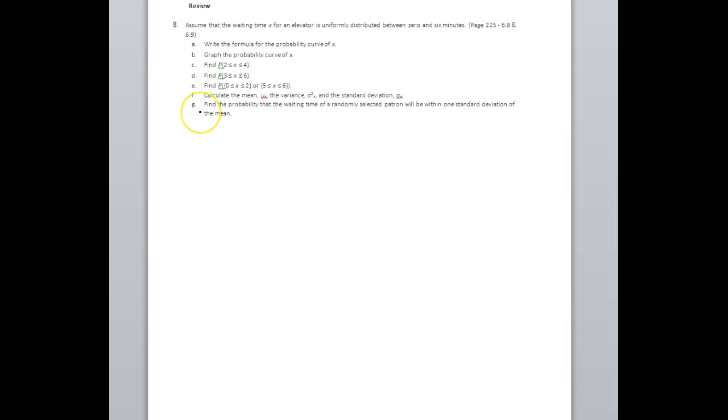For the probability of x, f of x is equal to 1/6 when x is between 0 and 6, and 0 otherwise.